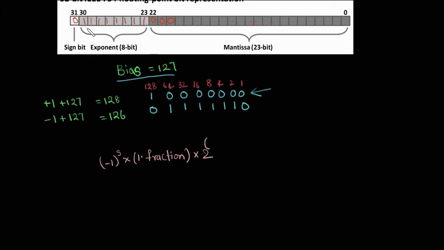We are adding 127 to the exponent value, right? Actually 1.0 into 2 power minus 1, for this value we are adding 127 to write 0, 1, 1, 1, 1, 1, 1, 0 here.